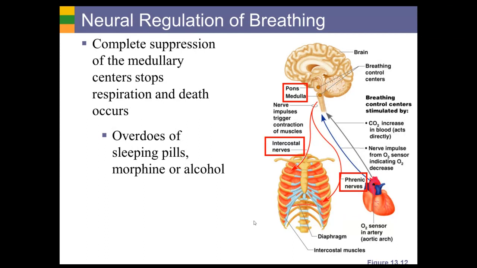People who overdose on these basically depress the activity of the medulla to such a level that breathing is below levels sufficient to maintain adequate oxygen to the tissues of the body.